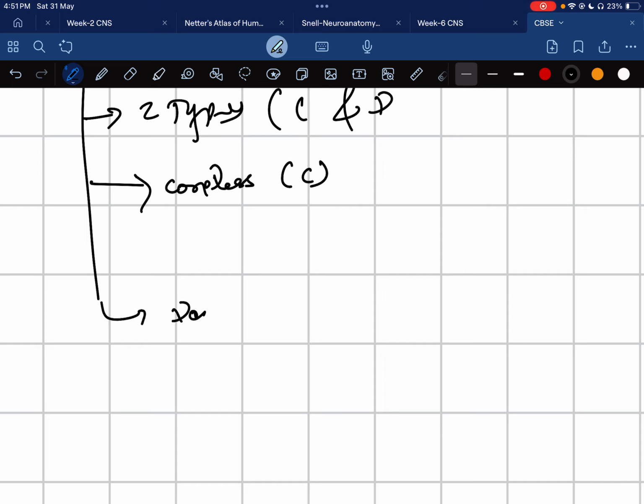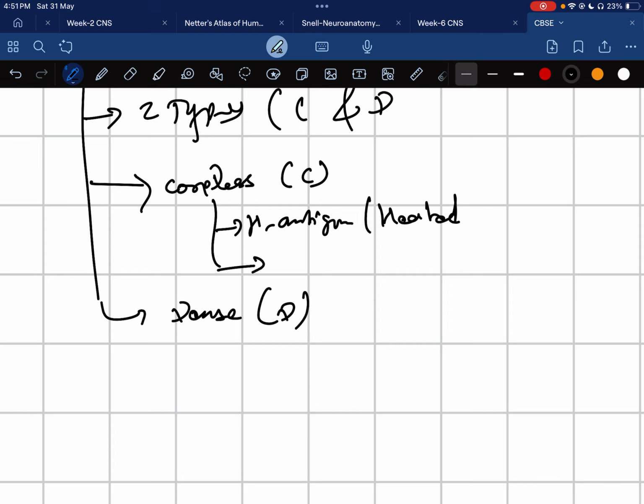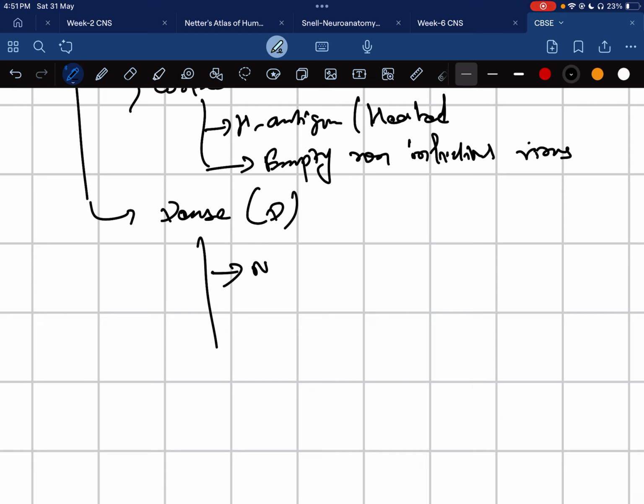D means dense: the antigen is native, with whole virions.